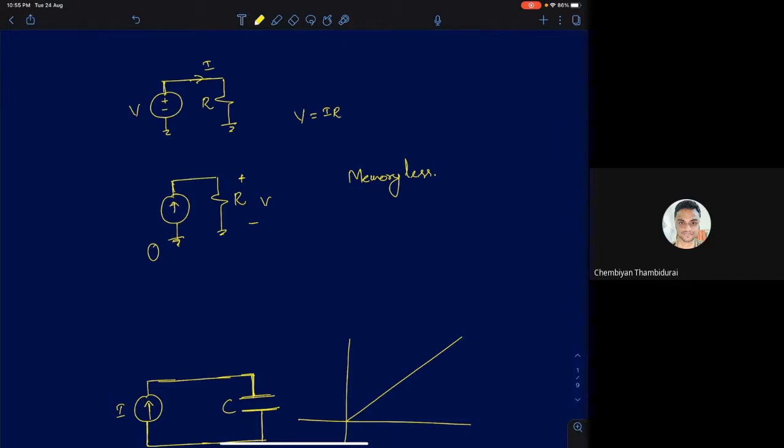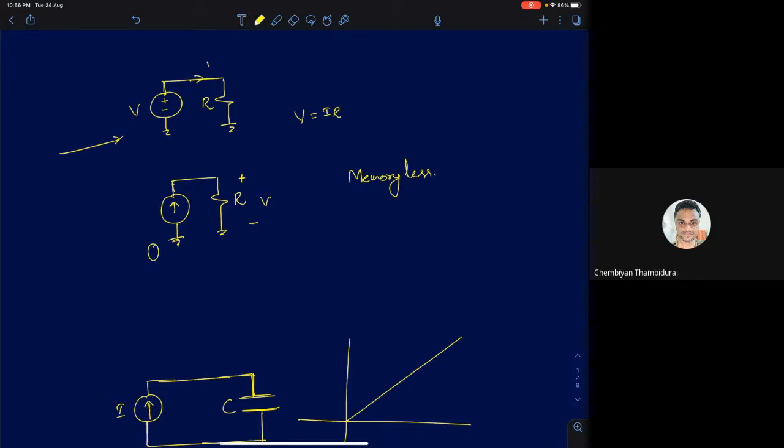What is a switched capacitor circuit? Before we discuss that, I'll discuss some basics. Shown here is a resistor to which we have applied a voltage. We know from Ohm's law, V equals IR. If the current through this resistor is made to go to zero, then the voltage will also become zero instantaneously.